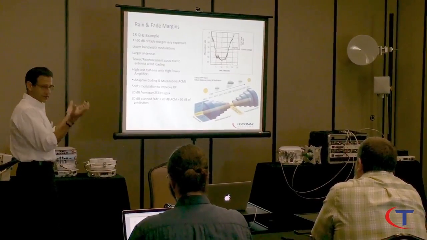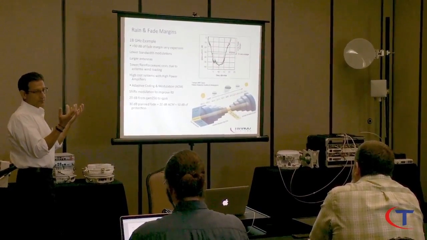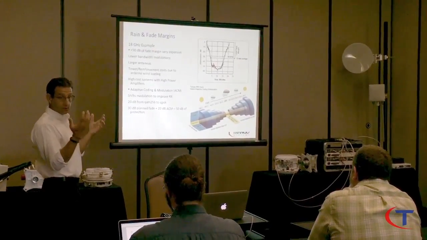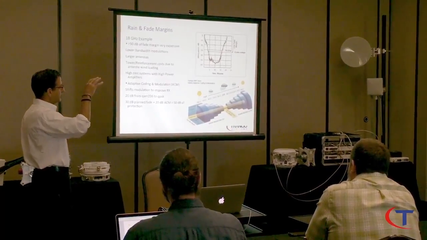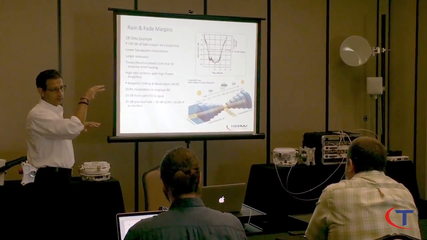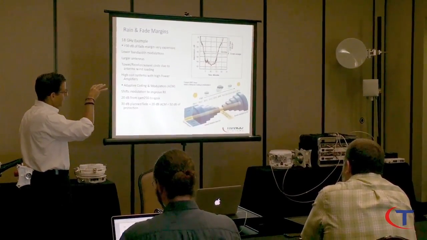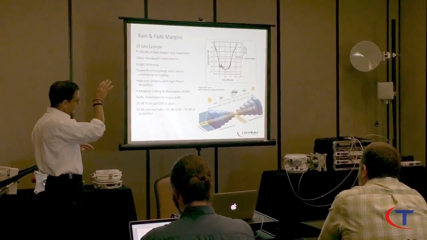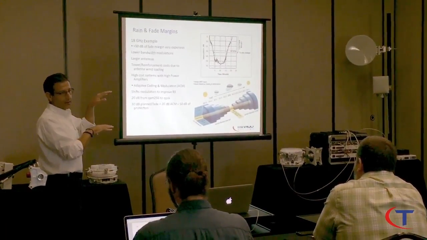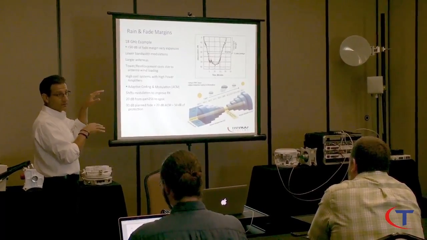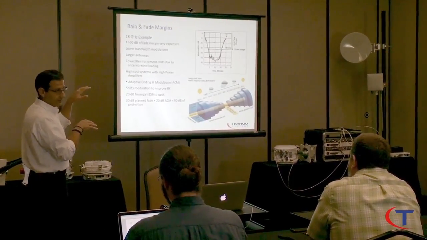If you're pumping lots of power through the transmitter, that tends to distort the signal. So at higher modulations, typically the power has to be reduced. So you have this range of power and modulation, and as the modulation goes down, you can increase the transmit power and again increase the overall system gain of the link to keep it alive.